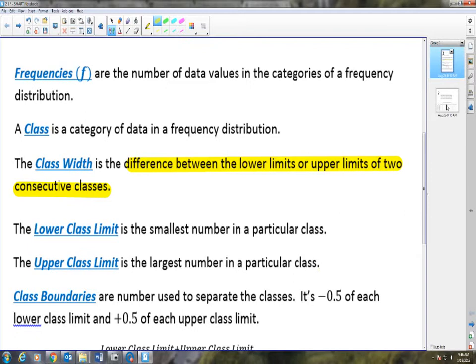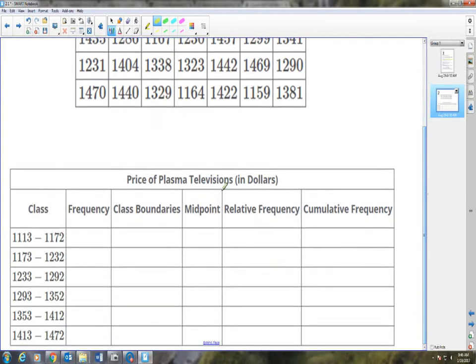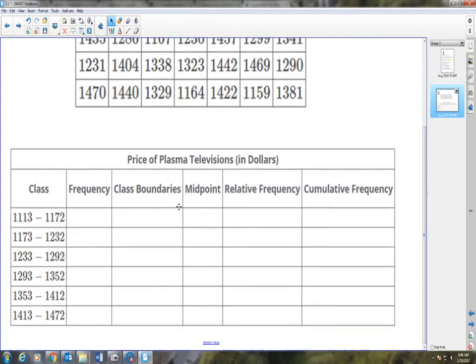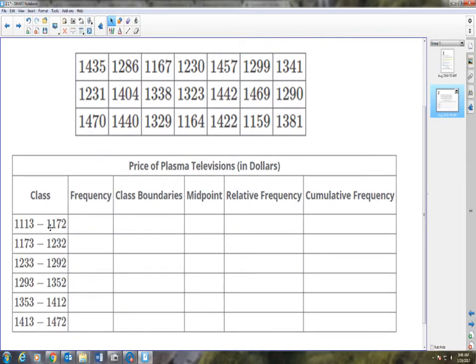If you look at this example, on the top I have my data. The homework problem already grouped my data into 1, 2, 3, 4, 5, 6 different classes. If you look at the first class, the 1113 will be the lower class limit of that class.